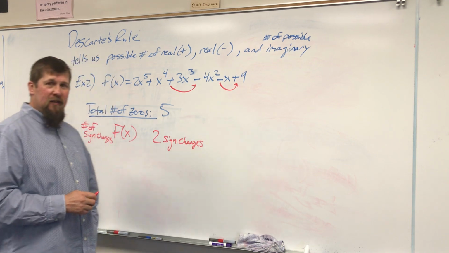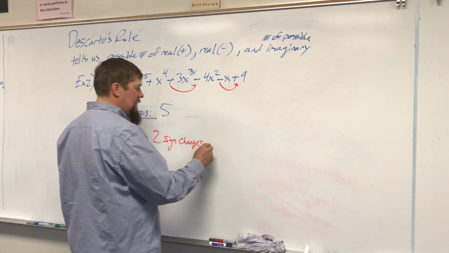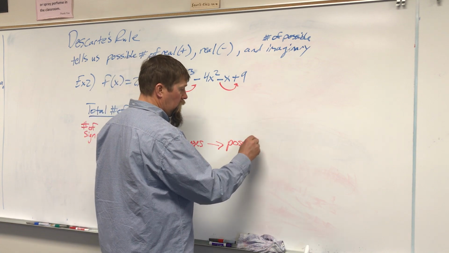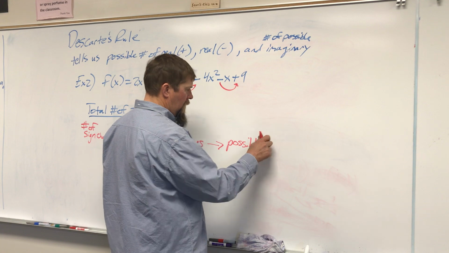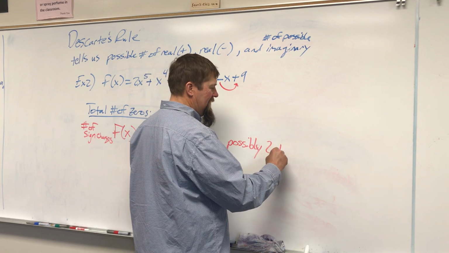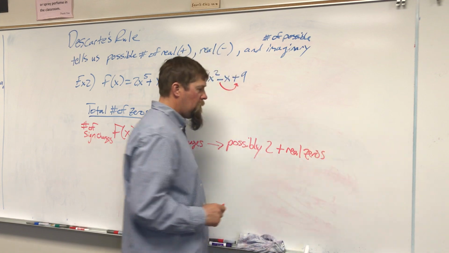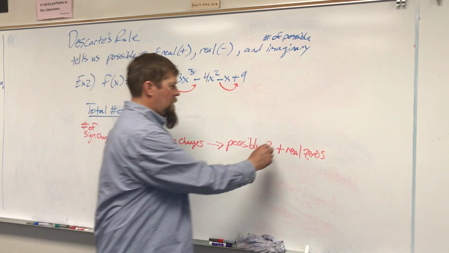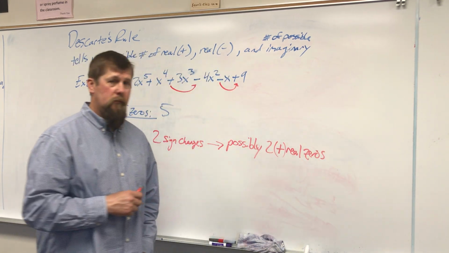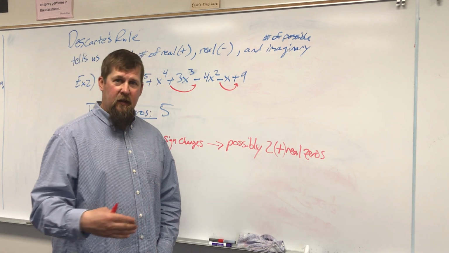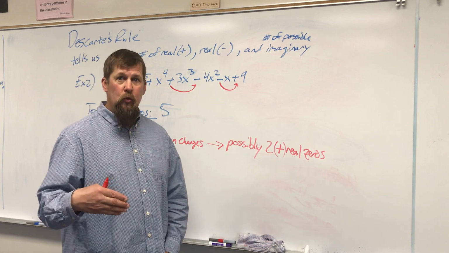What that translates to is there are possibly two positive real zeros, or less than that by 2.